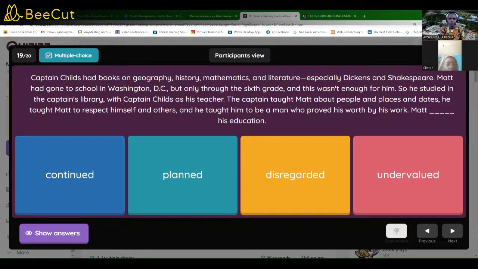So he studied in the captain's library with the captain as his teacher. The captain taught Matt about people and places and dates. He taught Matt to respect himself and others. He taught him to be a man who proves his worth by his work. Matt valued his education.